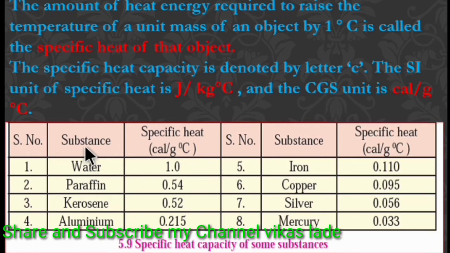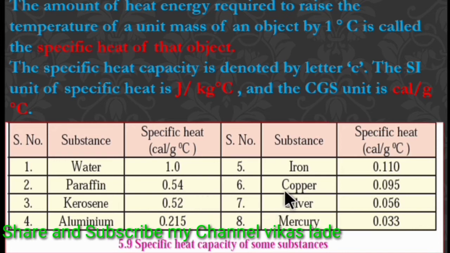Here is the specific heat capacity of some substances. Here is the substance. First is water. Specific heat of water is 1.0 calorie per gram degree Celsius. Paraffin: specific heat of paraffin is 0.54 calorie per gram degree Celsius.